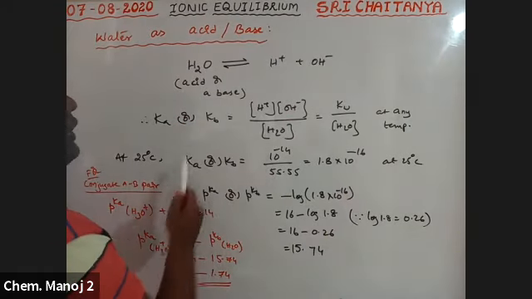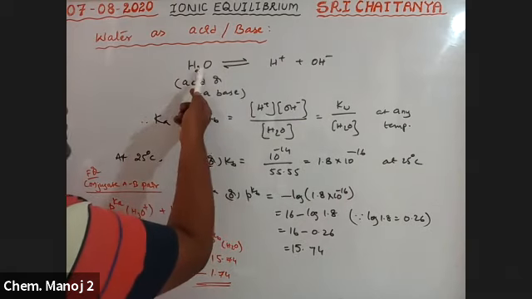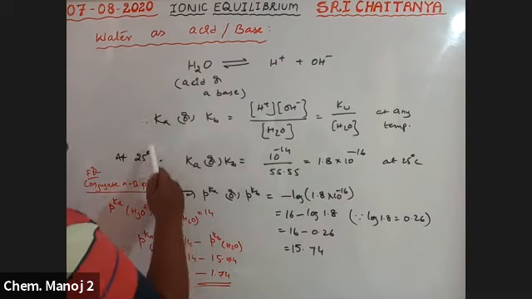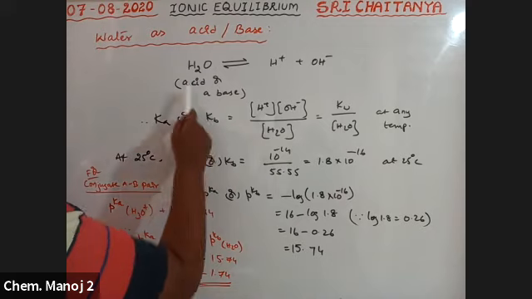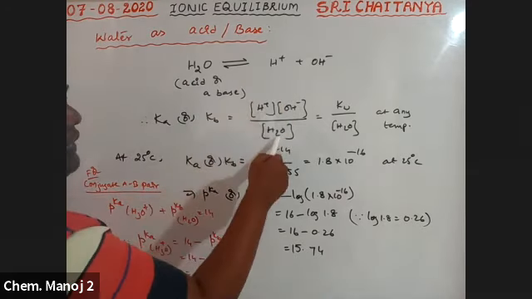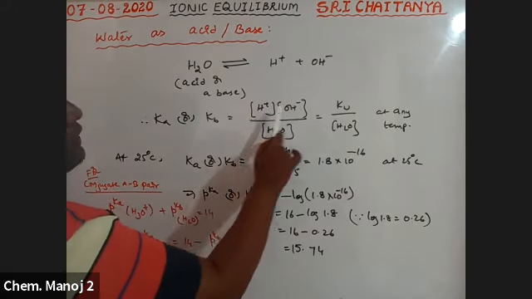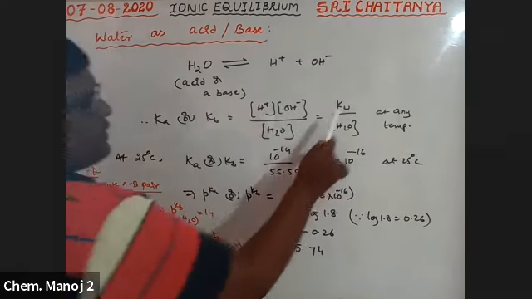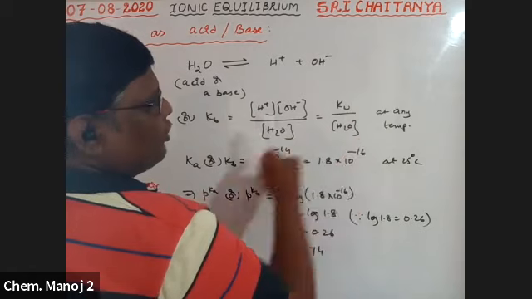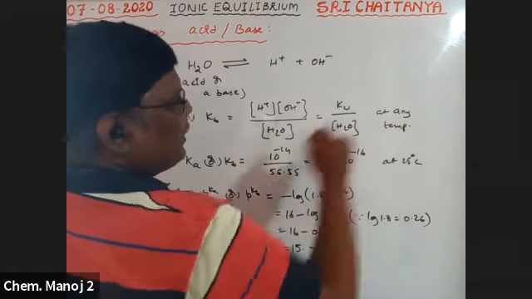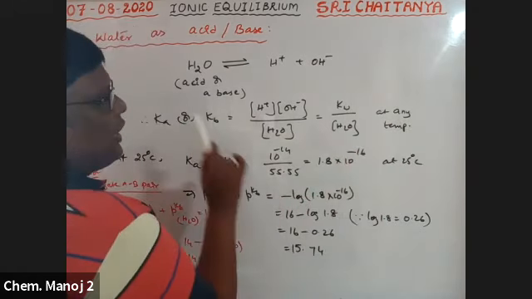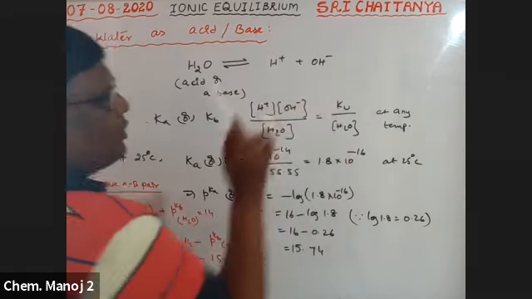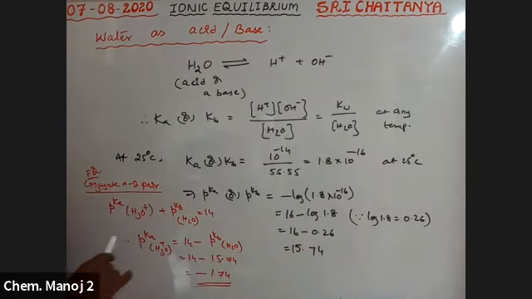Now I am trying to calculate Ka or Kb, because water acts as both an acid and a base. Ka or Kb of water is equal to product concentration by reactants concentration: H plus concentration into OH minus concentration by H2O concentration. H plus concentration into OH minus concentration is equal to Kw, applicable at any temperature. So Ka or Kb of water is equal to Kw by H2O concentration.